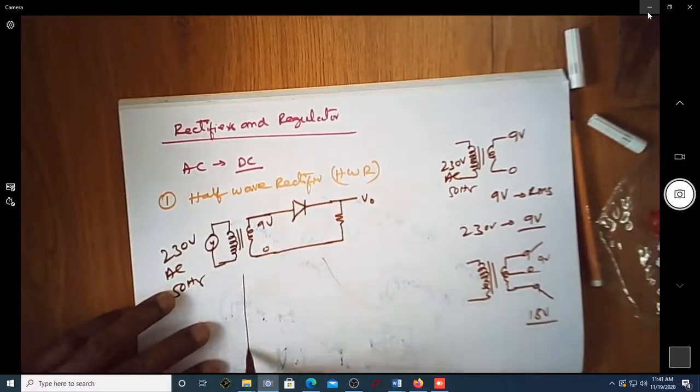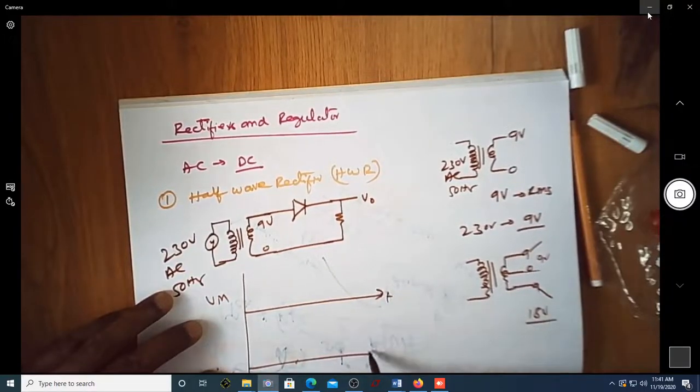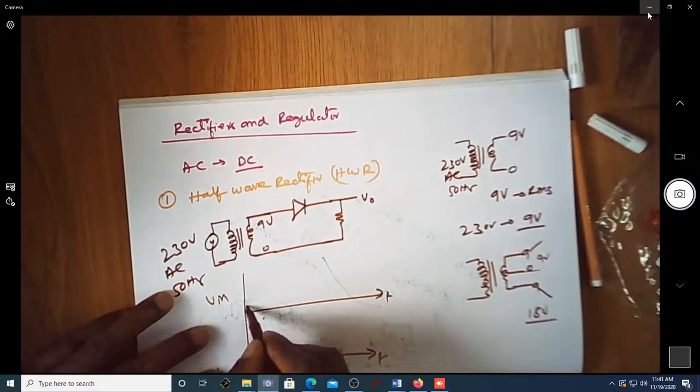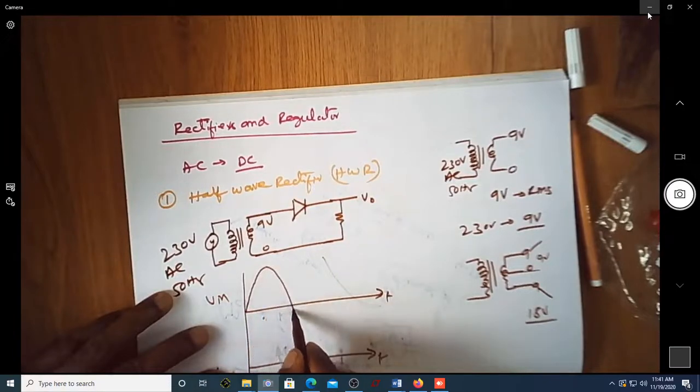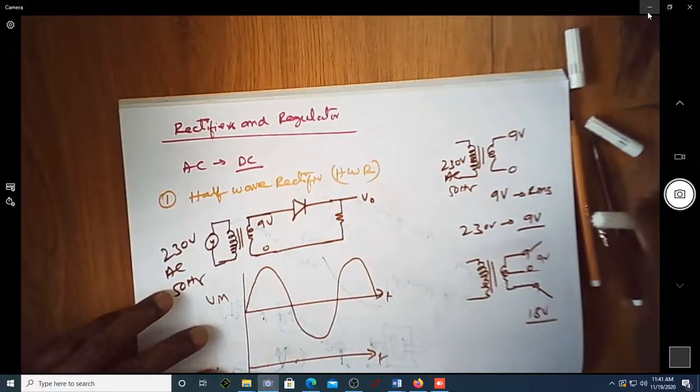As we know, we're going to have the input voltage with respect to time. This is again with respect to time. I want to have the input voltage being a sine wave, something like this. So let me also write the output voltage overlapping here itself.